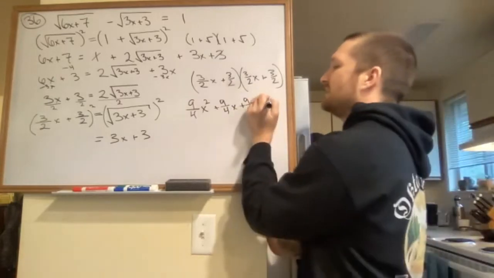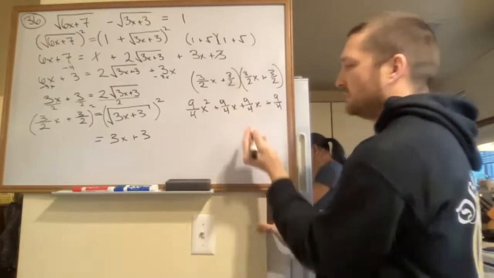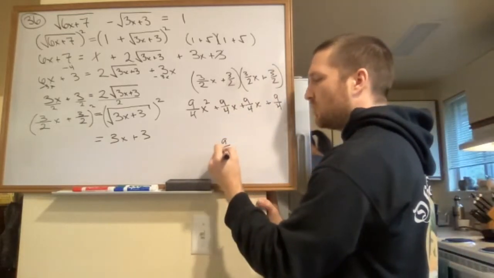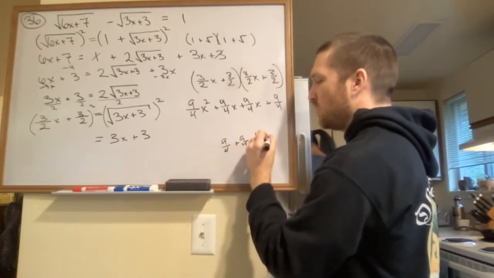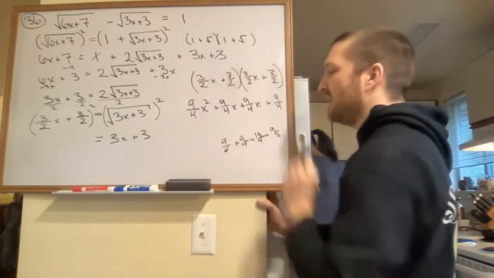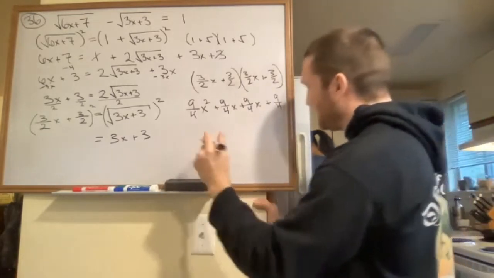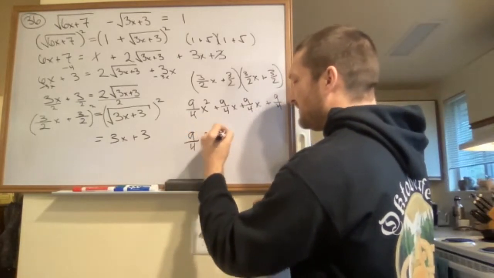And the last gives me 3/2 times 3/2, which is 9/4. I could add these together: 9/4 plus 9/4 is 18/4 or 9/2. Oh boy, now you see how ugly this is getting? Oh man.